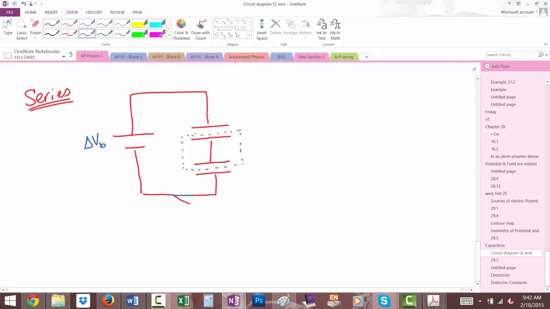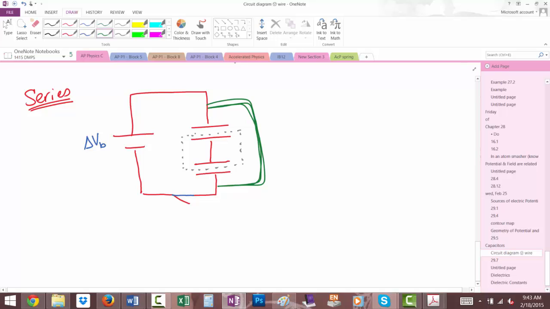The potential difference over the whole thing is delta V sub B. The potential difference from this point way up here to this point way down here is going to be delta V sub B. It's not going to be the same here and here this time. Does this make sense to you?